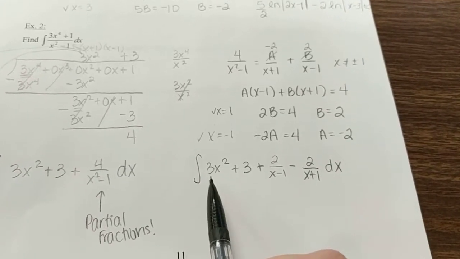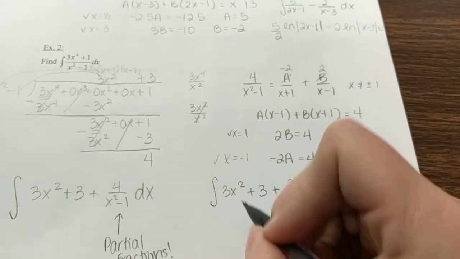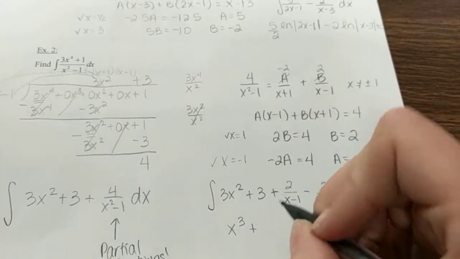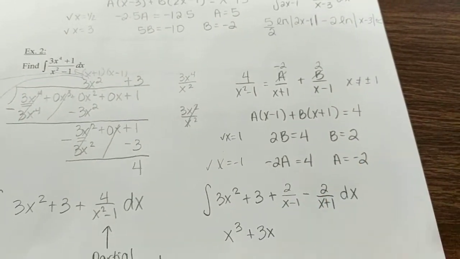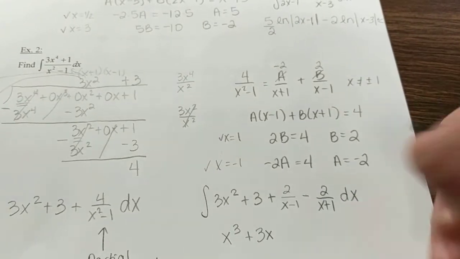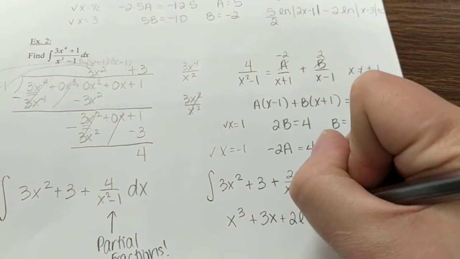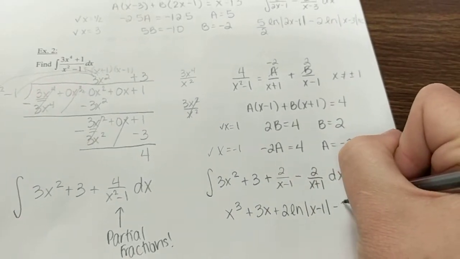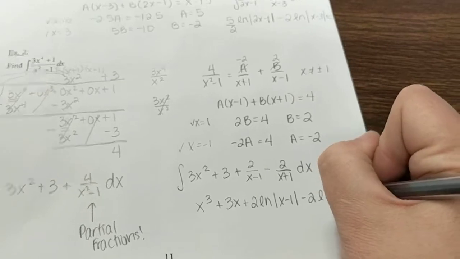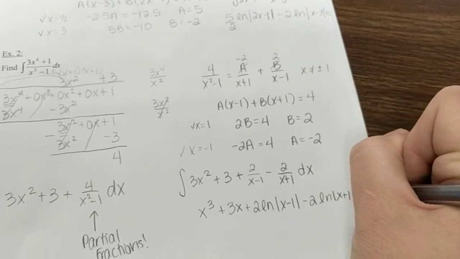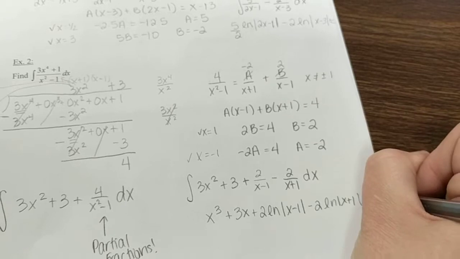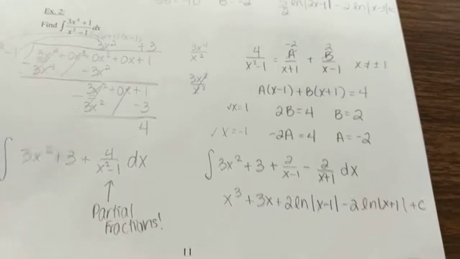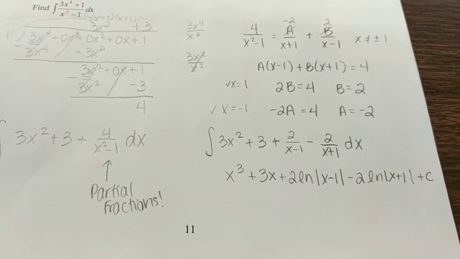So the antiderivative of 3x squared is x cubed. Antiderivative of 3 is 3x. Antiderivative of 2 over x minus 1 is 2 natural log of x minus 1 minus 2 natural log of x plus 1 plus c.